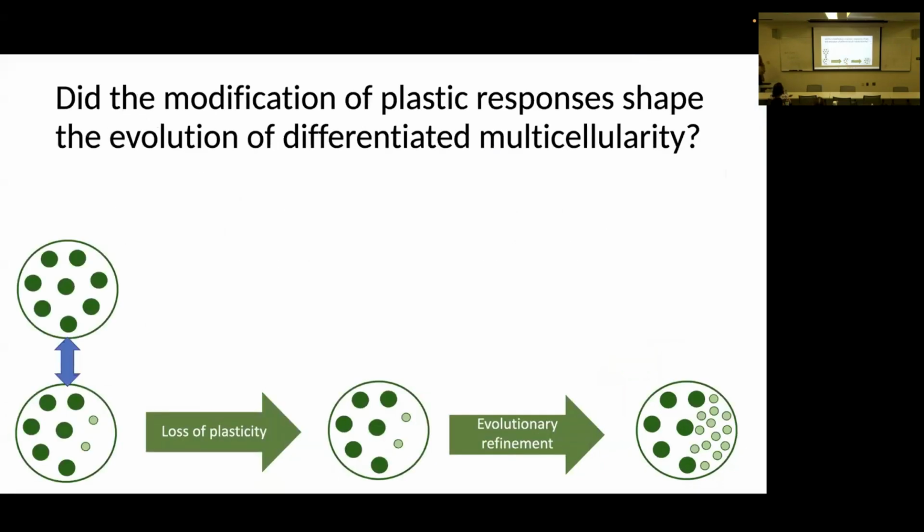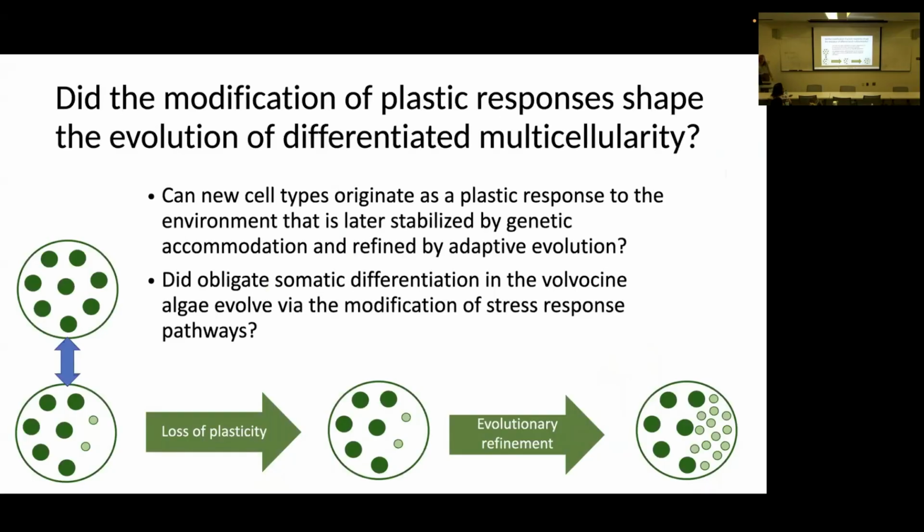So a lot of my research focuses on whether the modification of plastic responses to the environment shaped the evolution of differentiated multicellularity. And more specifically, I'm interested in whether new cell types can arise as a plastic response to the environment, which you should see here.